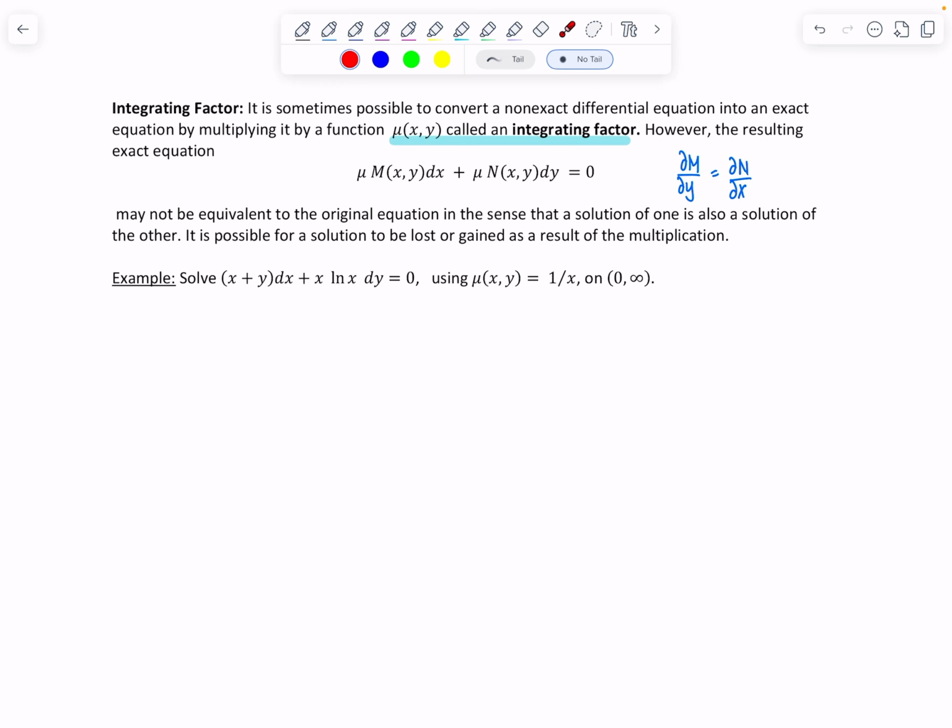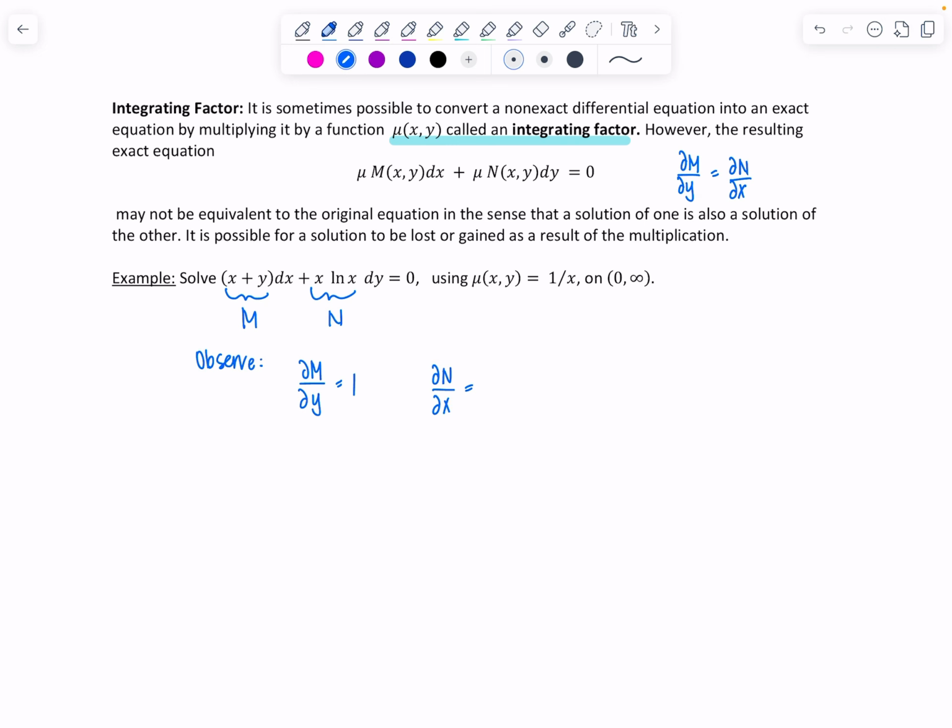Okay, first, I just want you to see that this differential equation is not exact from the jump. So look, this is m right here, x plus y, and this is n. So I want you to just observe at the moment, what's del m del y? So partial derivative of m with respect to y, it's just 1. And then what's del n del x?